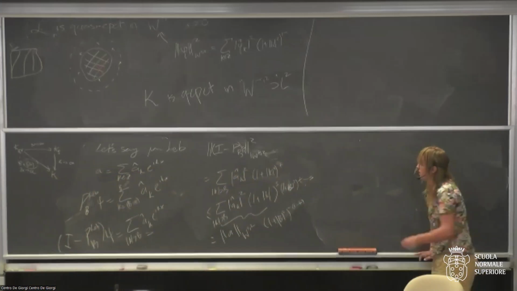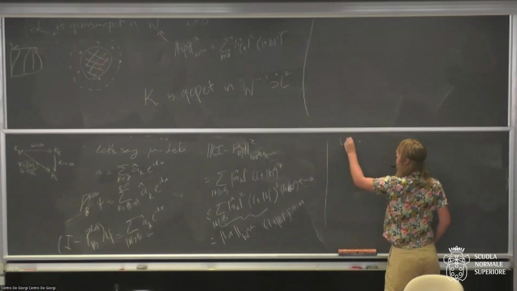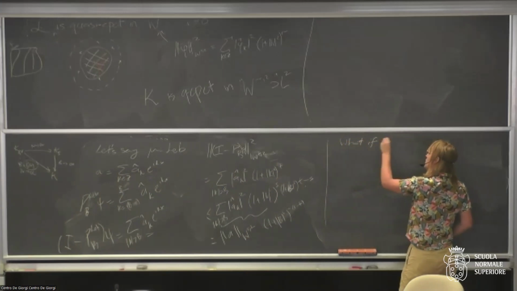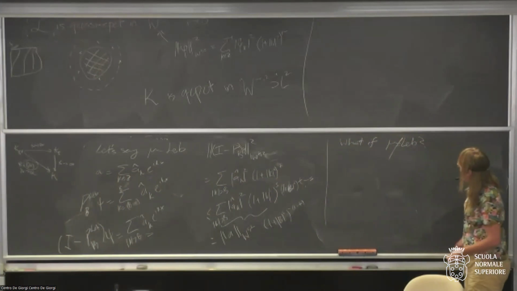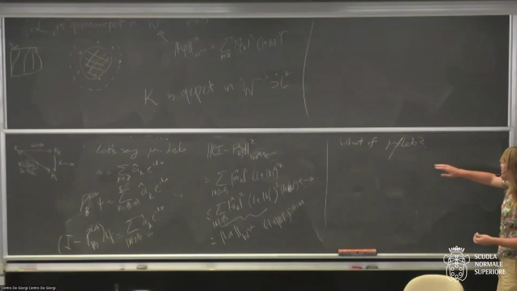Thanks. So then I guess the question is what happens if we're not looking at Lebesgue? This is a thorny question because there's a million different kinds of measures you can have.